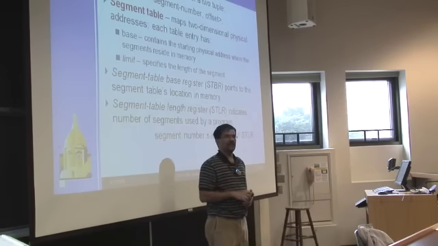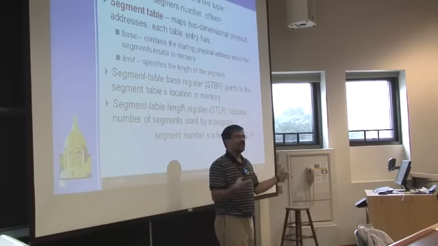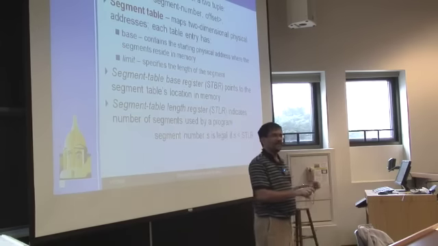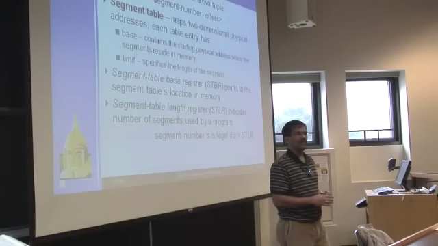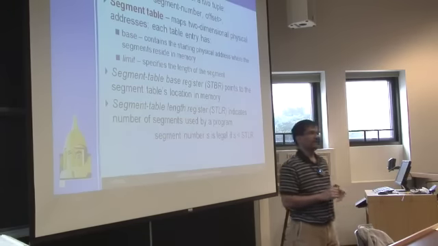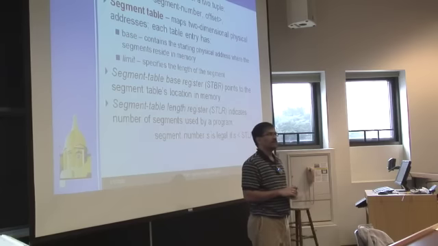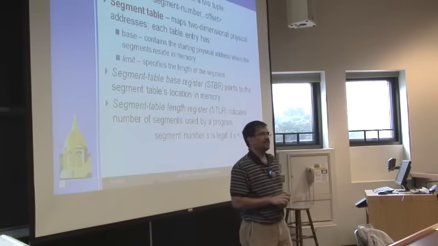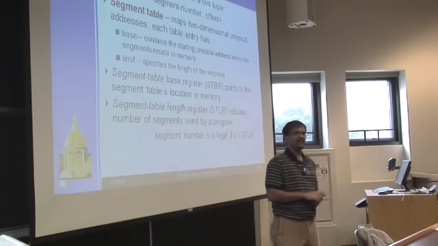This is where the segmentation fault comes from. Since you, as a program, deal with it as segments, not pages, you don't call it a page fault. Page fault has a different meaning in the next chapter, but for now, this is called a segmentation fault. So if you access something beyond your segment, you'll get a fault. Many of you have seen segmentation faults, right?